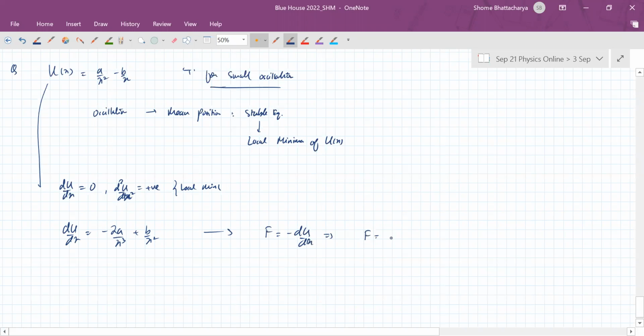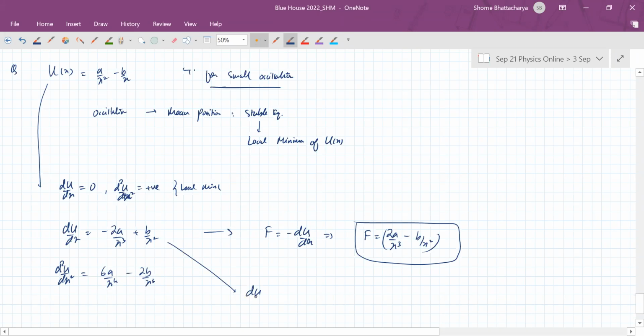The net force at any point is given by that, and the second derivative is 6a by x to the power 4 minus 2b by x cube. Okay. Now let's start with du by dx equal to 0.